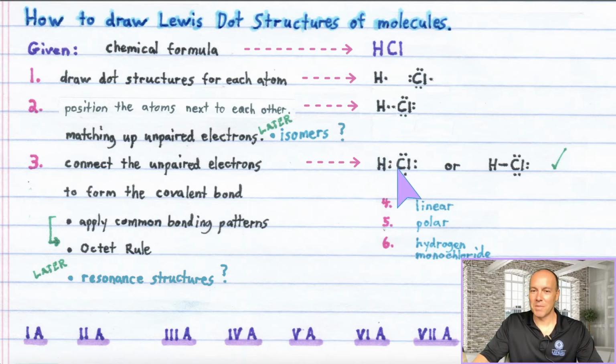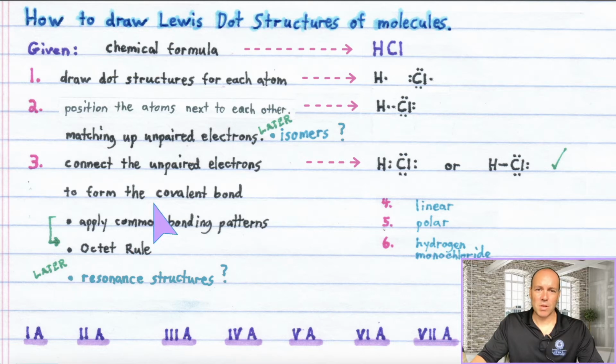Okay, so sometimes this step is a little hard to do, and so you have these tools that can help you. And later on, for more complex molecules, we'll see that there are sometimes multiple ways of bonding all the atoms together. And so we would say that there is more than 1 resonance structure for the molecule.